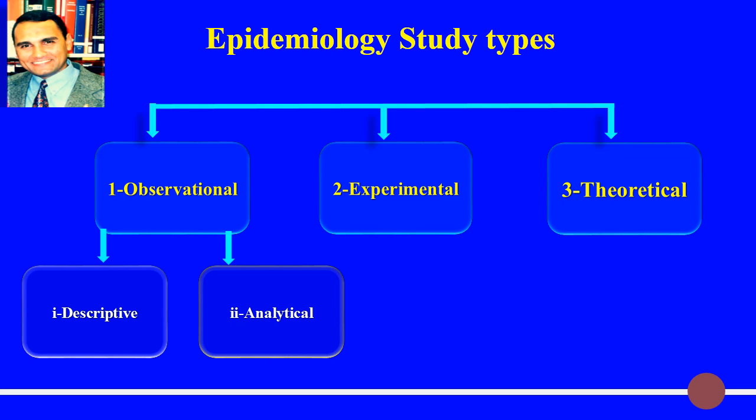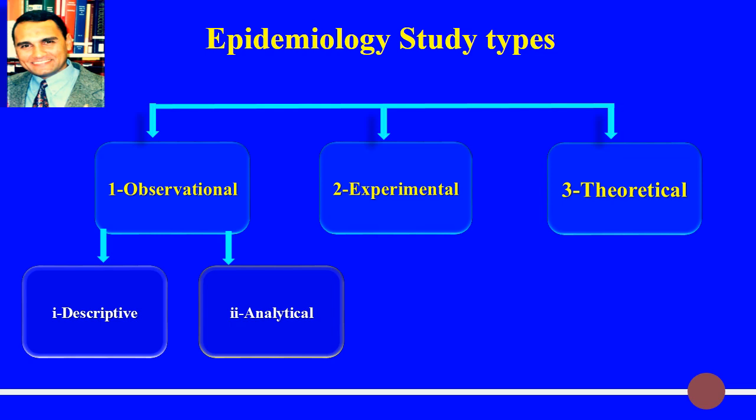Epidemiology study types. Epidemiology has a range of study designs: observational, experimental, and theoretical. Generally, observational categories are descriptive and analytical. Experimental is a term often equated with clinical or community trials of treatment and other interventions.